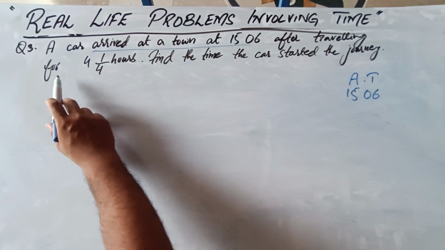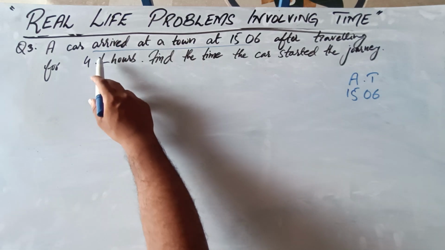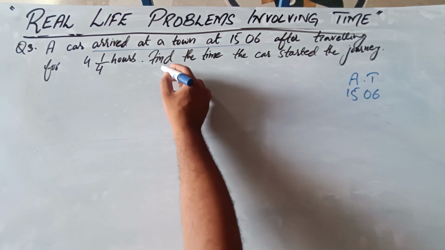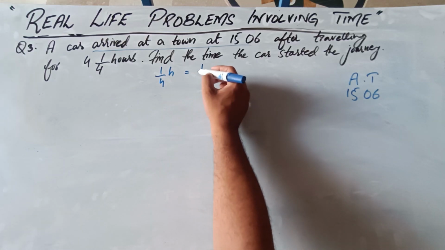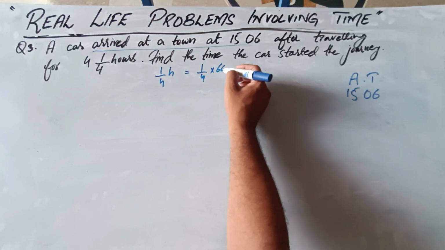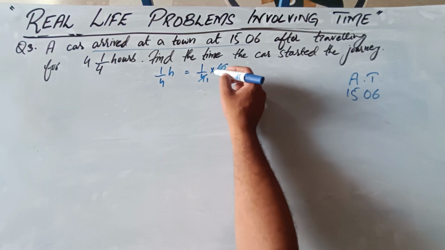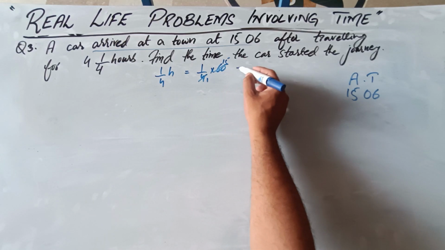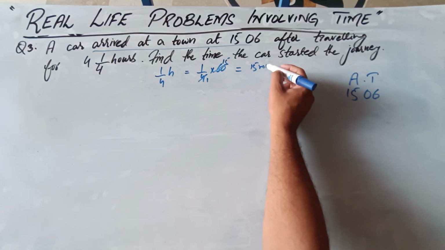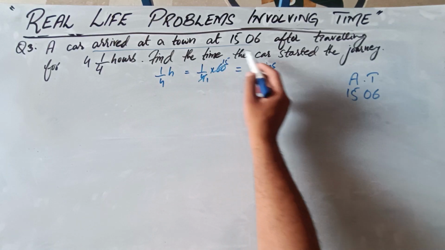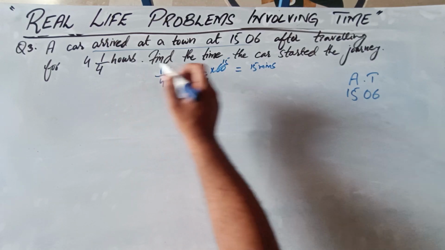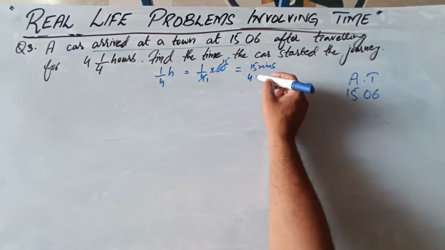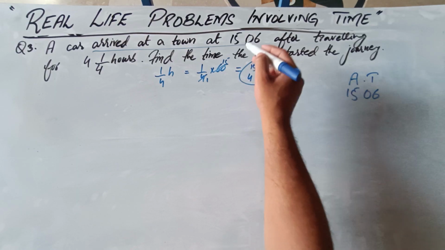After traveling for 4 and 1/4 hours. 1/4 hour we need to convert into minutes, means 1/4 multiplied by 60. So 4 ones are 4, 4 15s are 60, means 15 minutes. This is only the 1/4 hour. So it means 4 hours and 15 minutes.